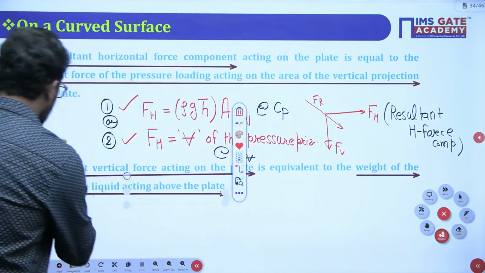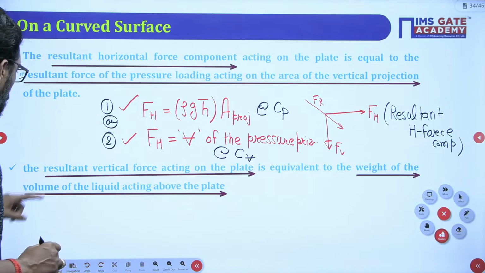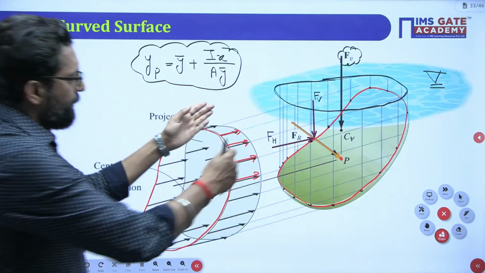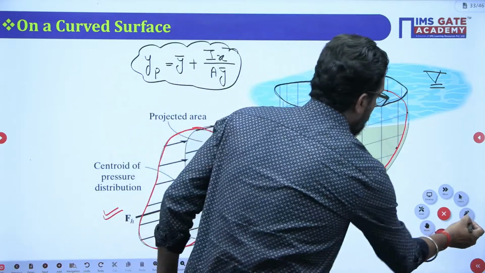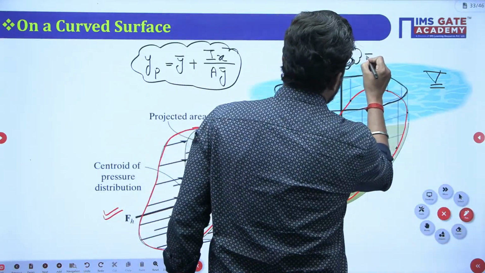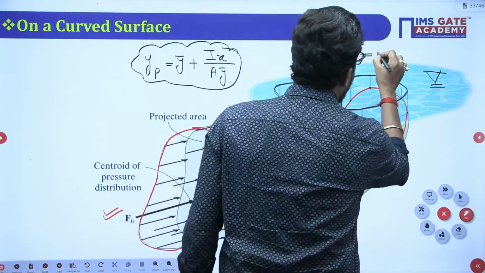This is very important. What is the consequence of the vertical force? It is the weight.